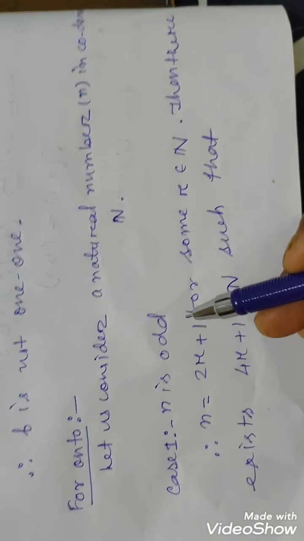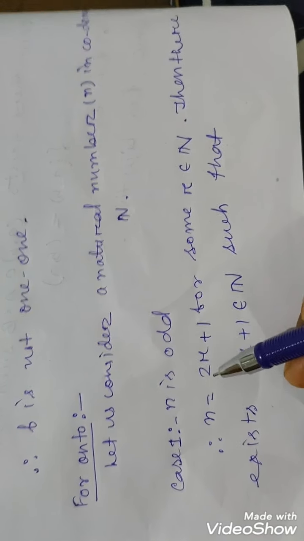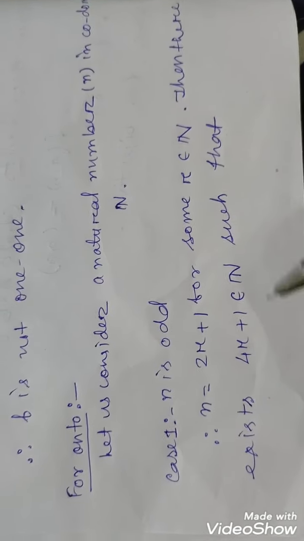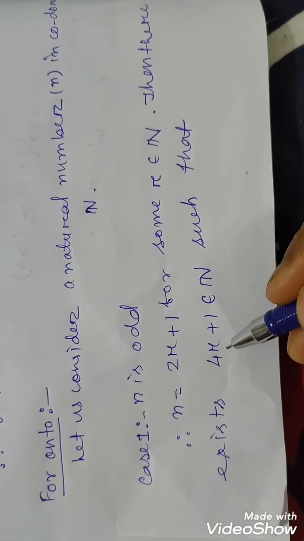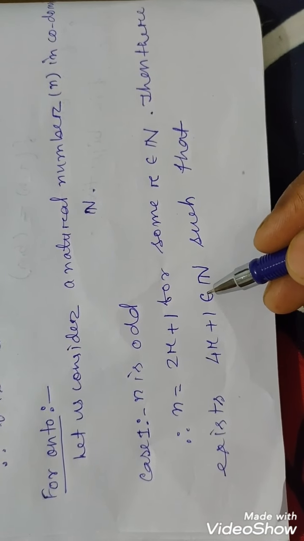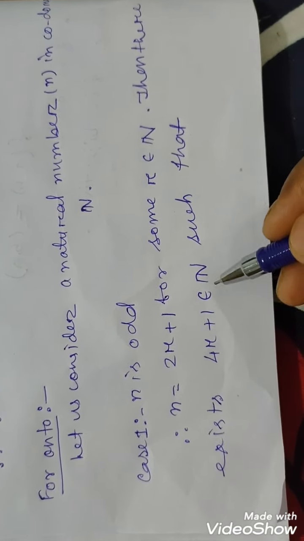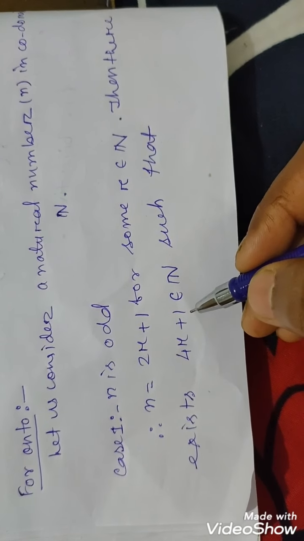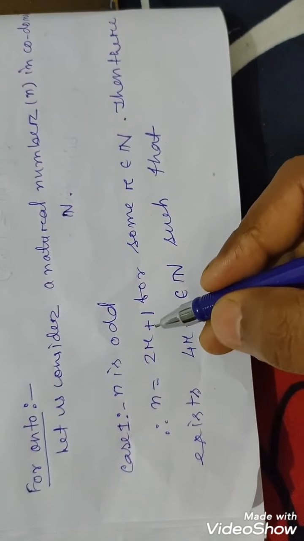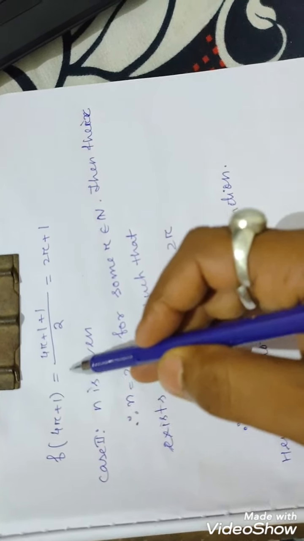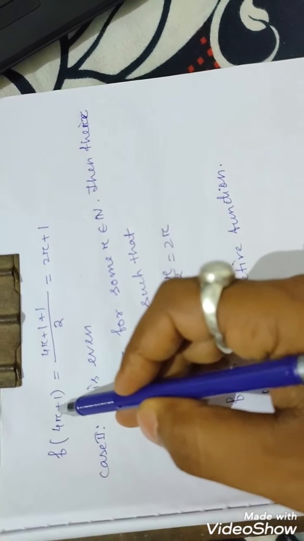So we consider this element in the codomain. Then there exists another natural number, that is another odd number, 4r + 1, in the domain, such that f(4r + 1) is equal to 2r + 1. Let's see. Here you get f(4r + 1). It is an odd number.